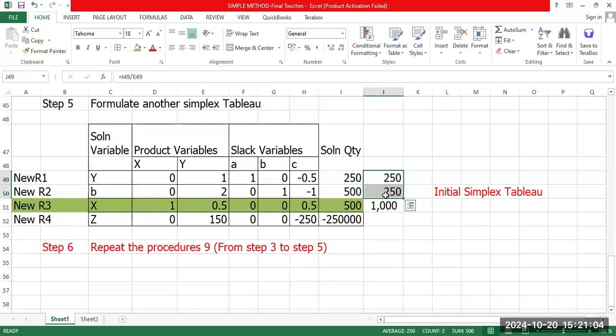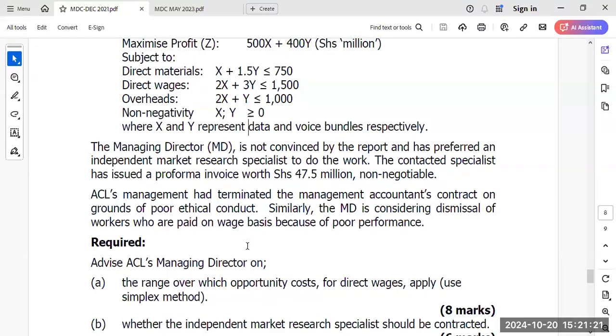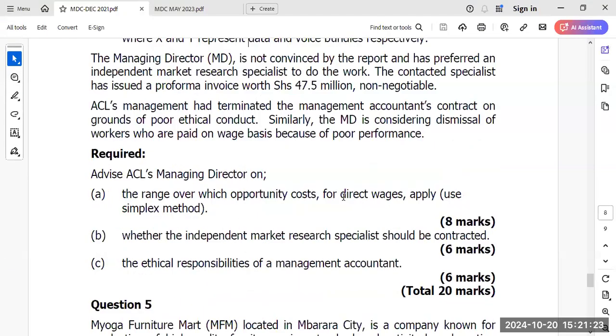If you find that you are in this situation, what you do, analyze the question again on the required part and see which variable they are talking about. They are talking about direct wages.